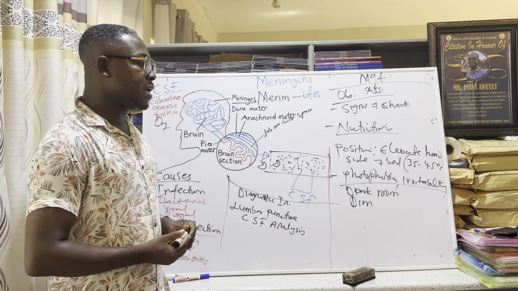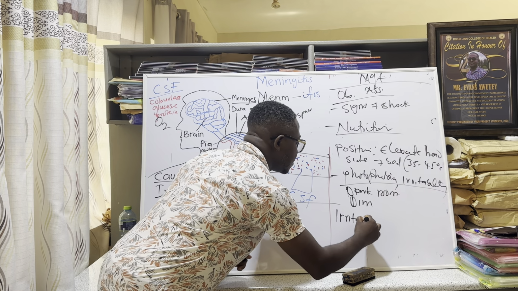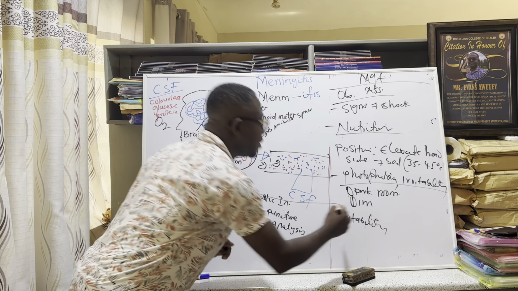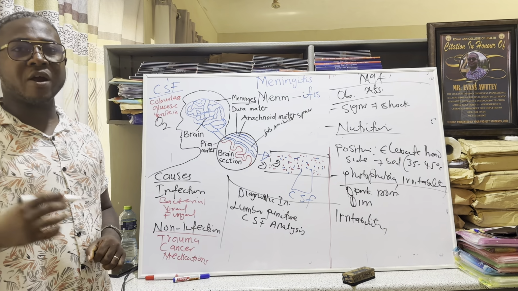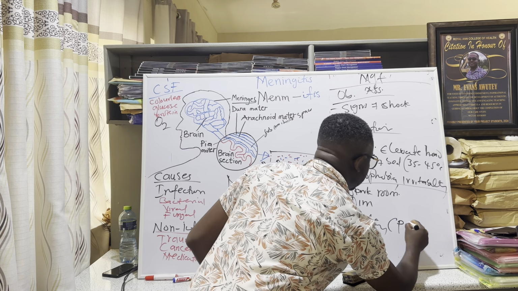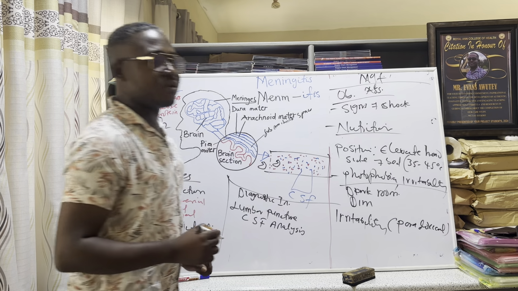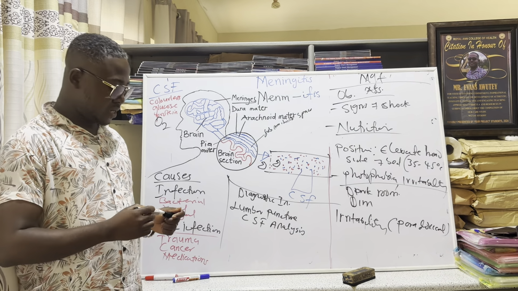Then we talk about the irritability. What do we do in relation to the irritability? So this irritability is known as paradoxical irritability. Paradoxical irritability.